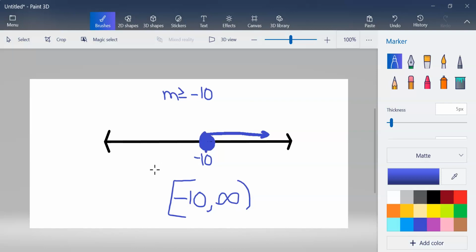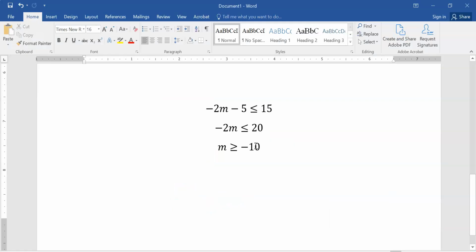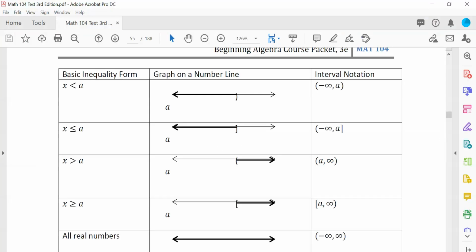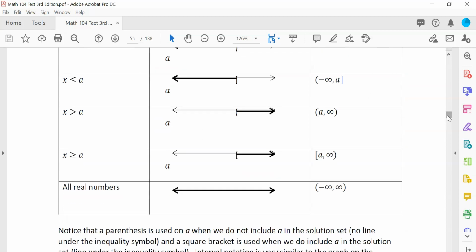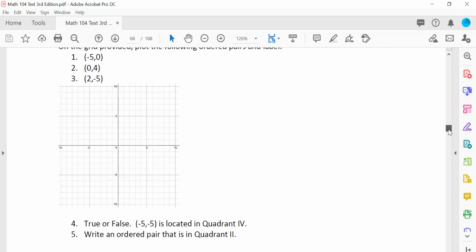So there you go, that's the idea. Now you've seen the algebraic solving, the interval notation, and the number line, all three. In the next video, we'll do the rest of the instructor-led problems.